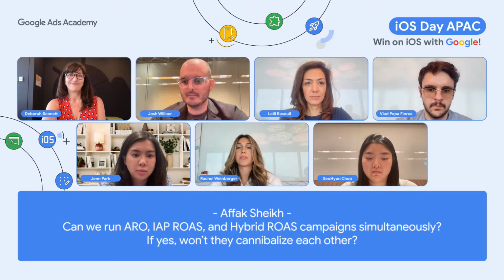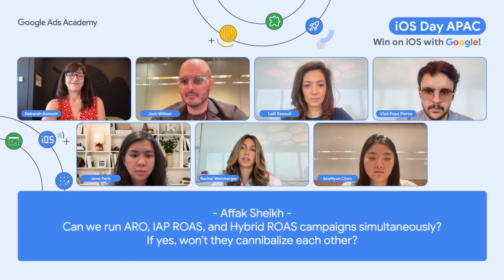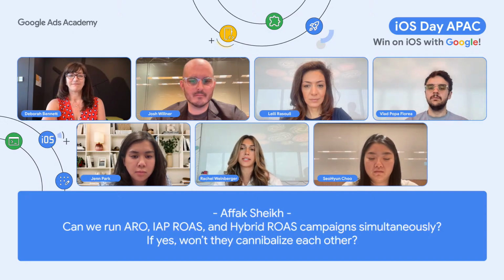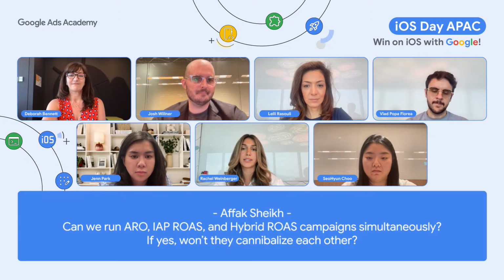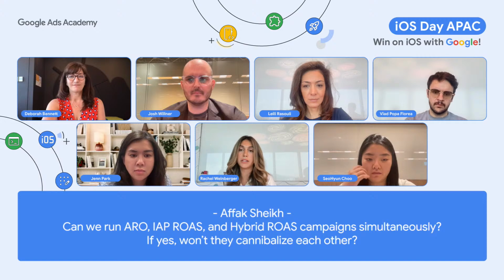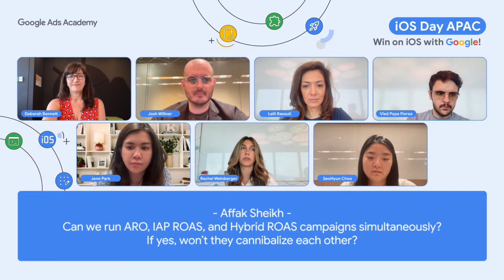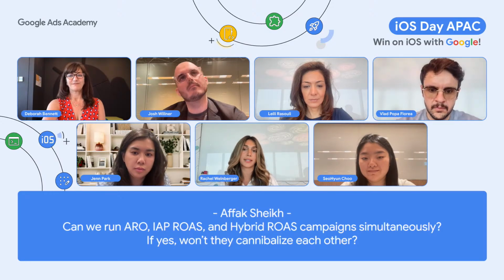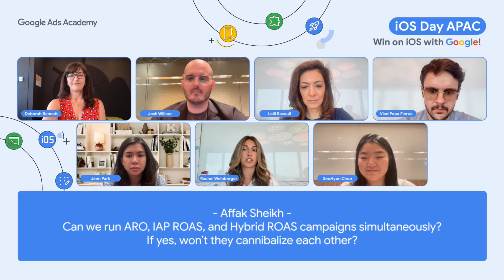And I think the answer is when you want to run these types of campaigns together, using hybrid ROAS should cover it all. And so a really great part of Target ROAS campaigns is you can optimize towards multiple events, regardless if it's ARO, IAP ROAS, or hybrid ROAS. You can actually put in, for example, a sign up and a purchase and optimize towards different events at the same time because they have different conversion values.